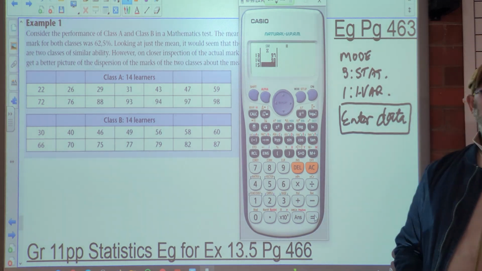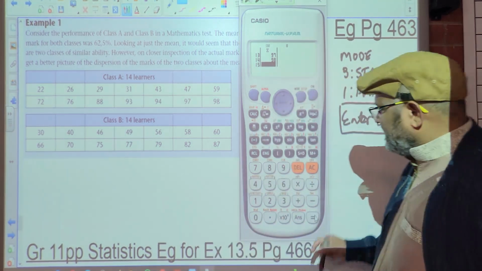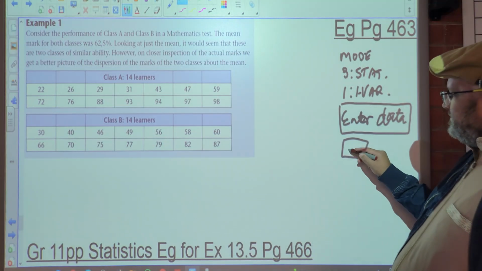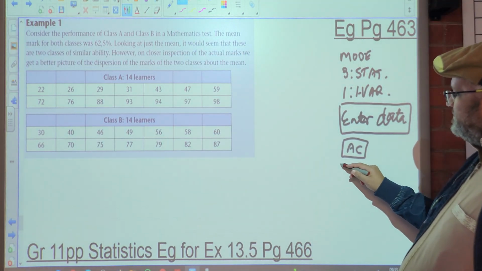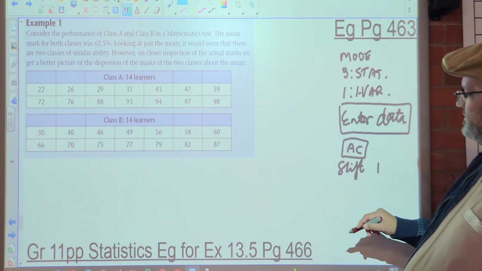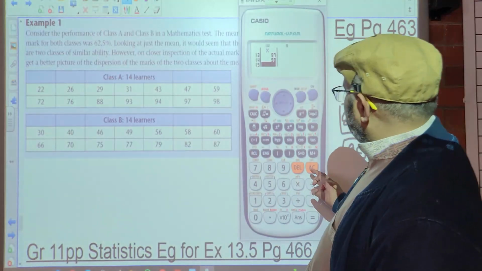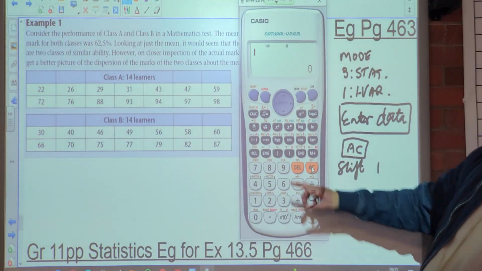Okay. What do I press thereafter? AC. Then shift 1. By pressing AC, I'm storing the information on the calculator.